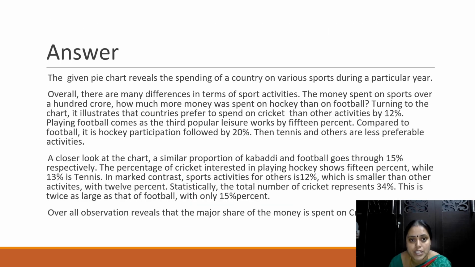This is the interpretation expected for the pie chart. Start with the sentence: the given pie chart reveals the spending of a country on various sports during a particular year. Then give all the observations for each and every column, and finally the overall observation reveals that the major share of the money is spent on cricket.